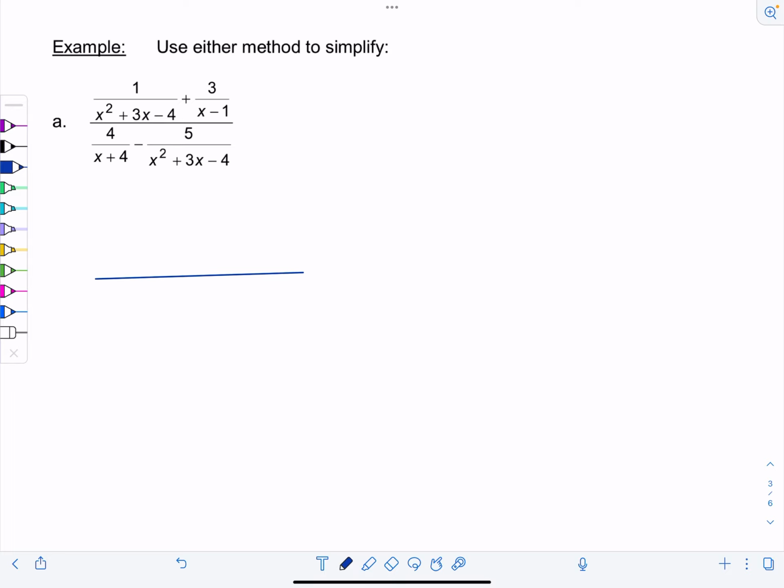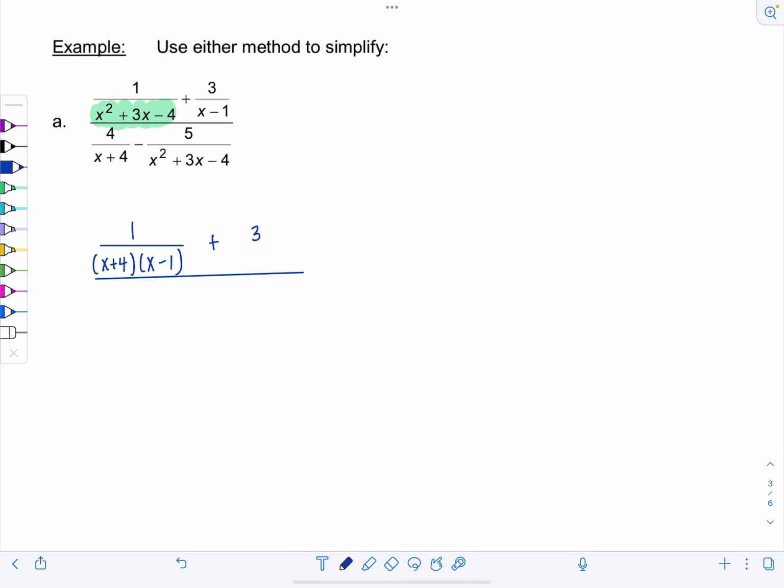So we've got 1 over, let's factor x squared plus 3x minus 4. So how does that factor? Very good. (x plus 4) times (x minus 1). If you need a review on factoring, I'll link some videos here and in the description box.